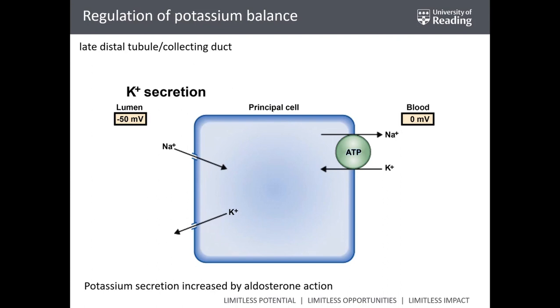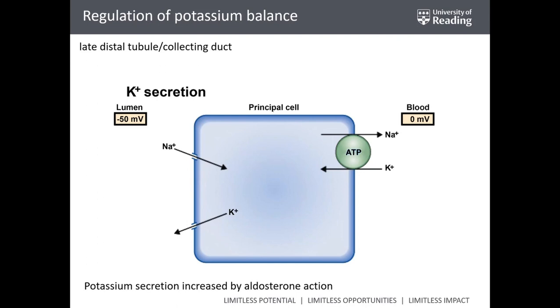So something similar occurs in the late distal tubule and collecting duct. It is really hard to draw a border between the distal convoluted tubule and the collecting duct, so let's call it late distal tubule collecting duct.